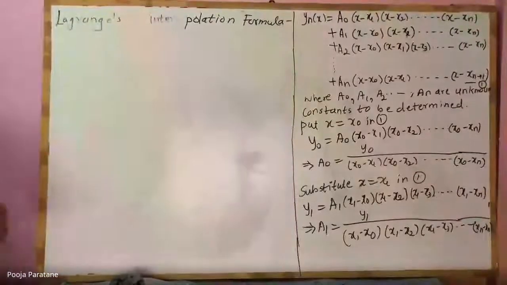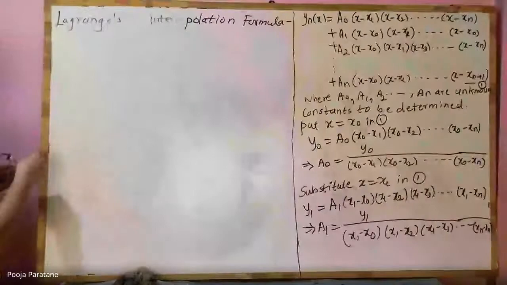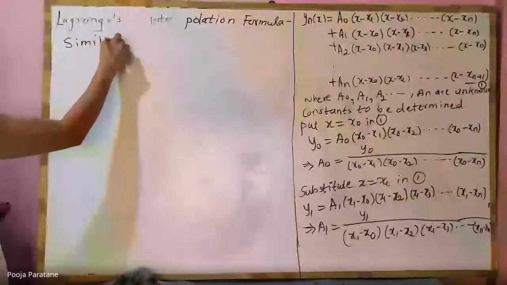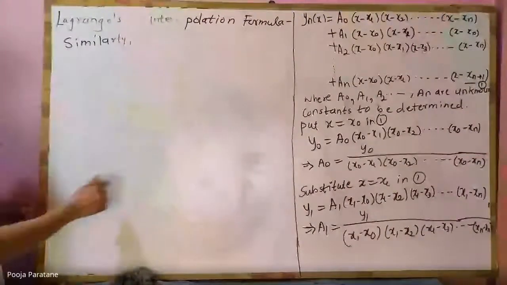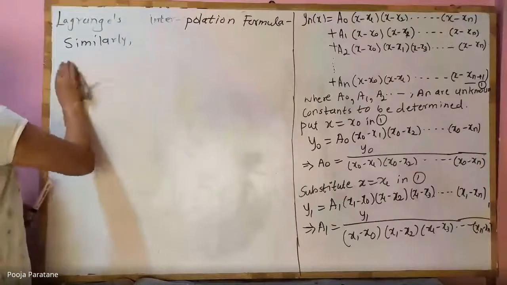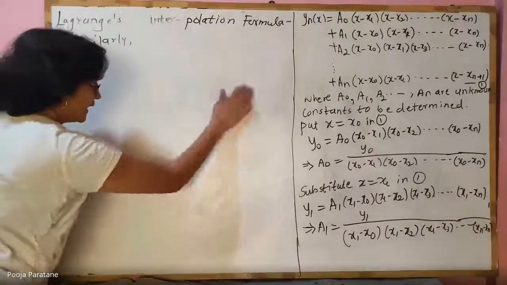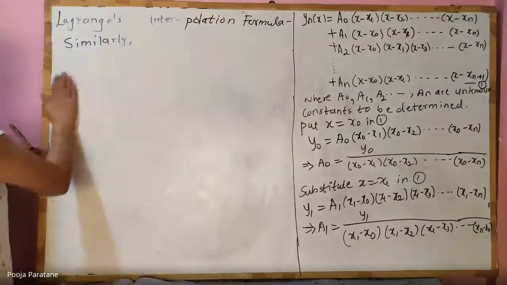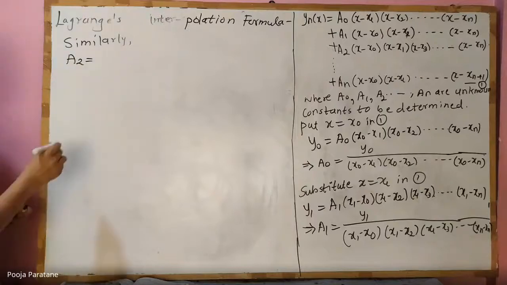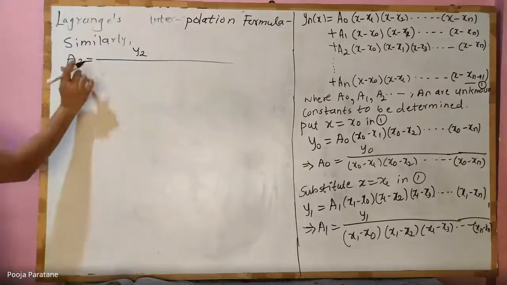Similarly, we'll write a2 and then directly we will write an. a2 can be written as y2, means we can obtain the value of a2 as follows.